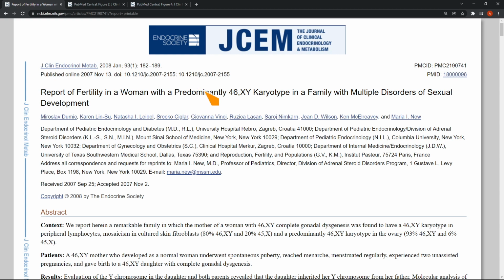What this means is that this is a fully fertile woman who gave birth to a healthy baby. She actually got pregnant twice, as you'll see in the paper, without issue. She had regular menstruation. She's a very typical woman, but she presents with a 46XY karyotype, which means the classically male chromosomes.